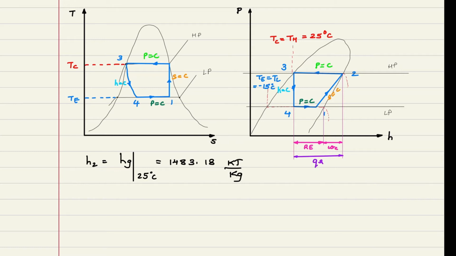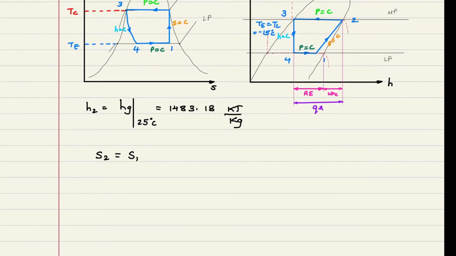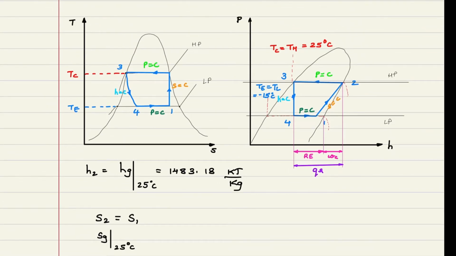Okay, now after this, we have to calculate enthalpy of point 1. Okay, this is point 1, but we don't know what is dryness fraction of point 1. Okay, so how to calculate dryness fraction? We will write S2 is equal to S1. What is S2? If you see the diagram, it will be Sg at saturation temperature of 25 degrees Celsius. Okay, so here you can see point 2, it is on saturated vapor.